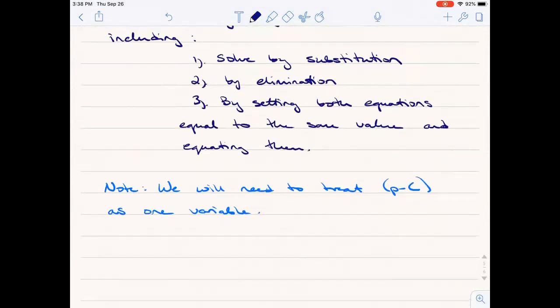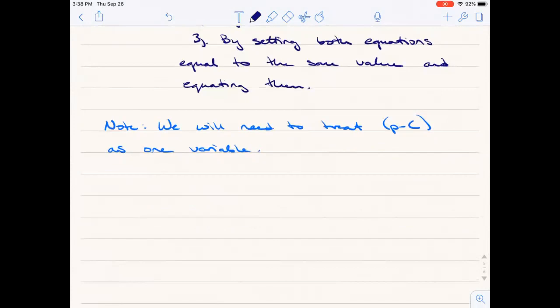And since we've already seen solving by substitution and solving by elimination, right, how about we do the third one, which is kind of a take on substitution, to be honest, but that's all right. Let's do option 3.